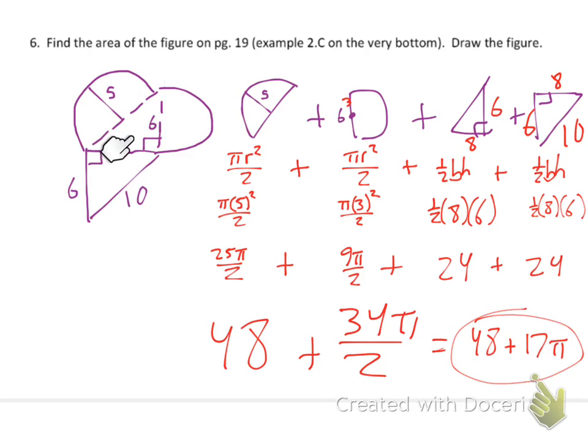But what if I had a whole bunch of those stacked up and it came out of that board by, say, 5 inches? I would have this weird shaped object that looks like an ice cream cone, 5 inches tall in that shape. Now it has a volume. You would take that area, 48 plus 17 pi, and times it by 5.